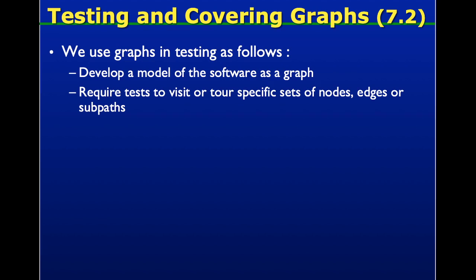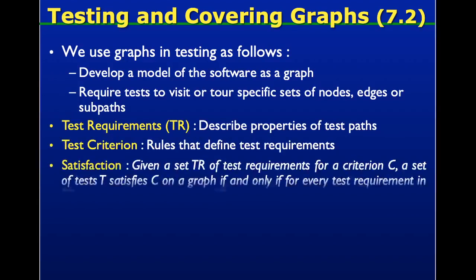As well, we can visit or tour specific sets of nodes and edges as we like and as much as we like, due to the fact that it is easy to perform.